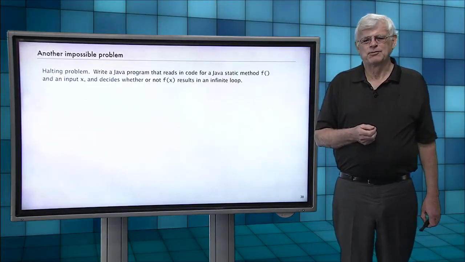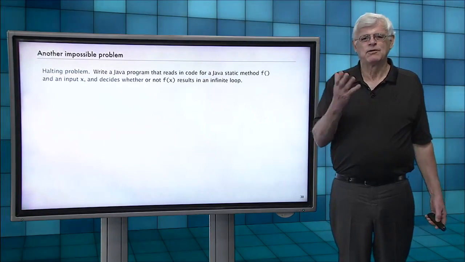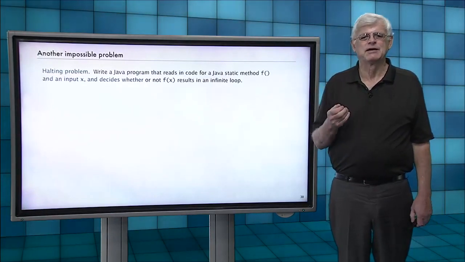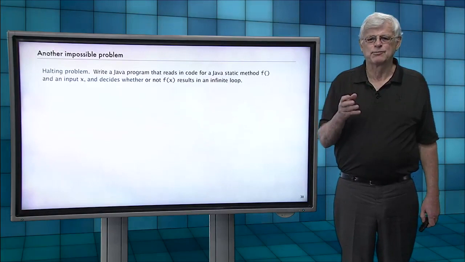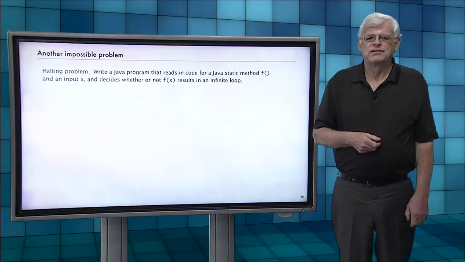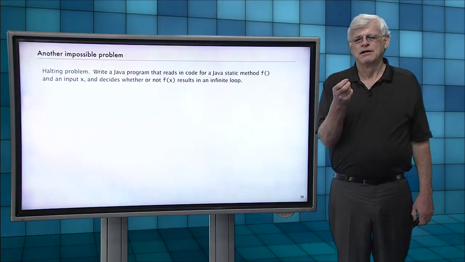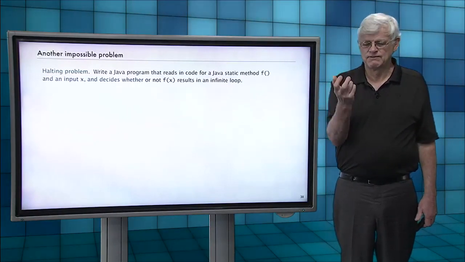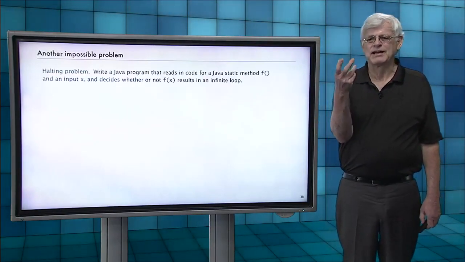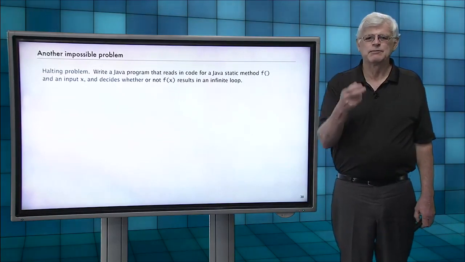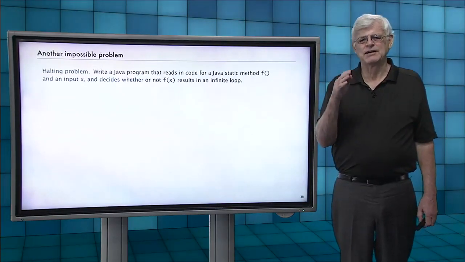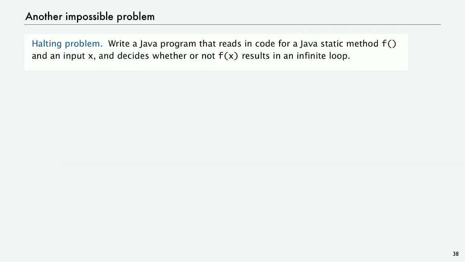Here's another impossible problem, a famous one called the halting problem, and it's famous because Turing looked at this problem. So let's say what we want to do is write a Java program that reads in code for a given Java function, static method f, and it gets the input x, and it's supposed to decide whether or not f of x results in an infinite loop.